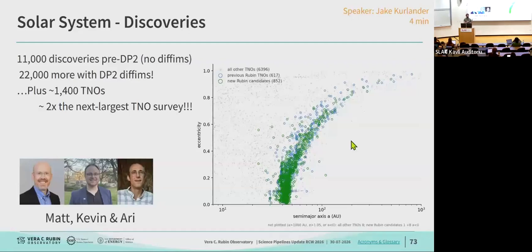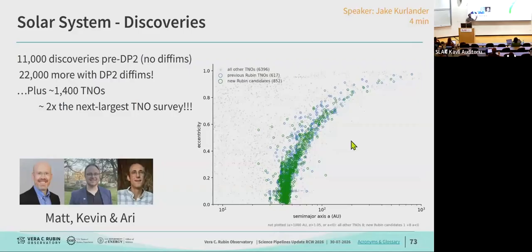Of these, by far the coolest part are the 1,400 trans-Neptunian objects. This is a much larger fraction of the outer solar system that we've discovered than the corresponding inner solar system objects that we've discovered. Here's an orbital plot of the candidates. These are, again, mostly by Matt and Kevin from Harvard.